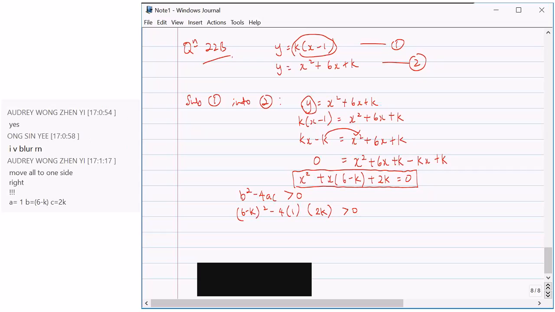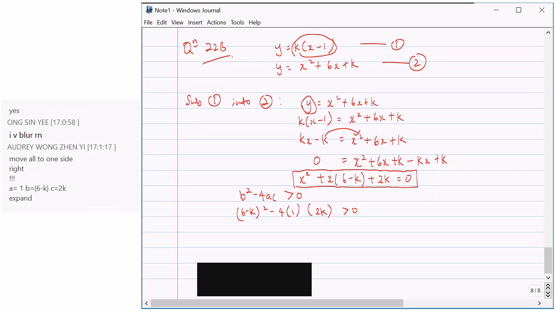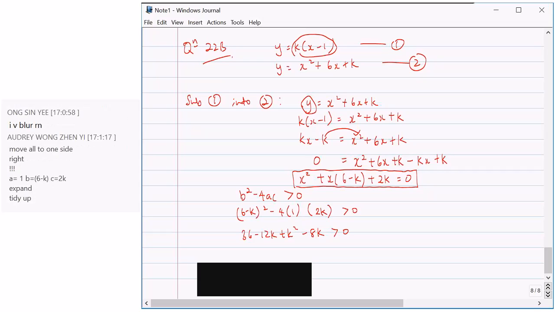What do I do next? Expand. Nice. 36 minus 12k plus k squared minus 8k is bigger than 0. What do I do next? Tidy up.